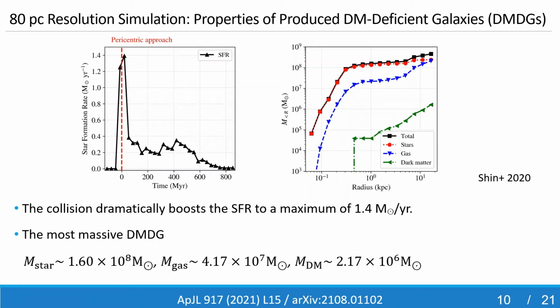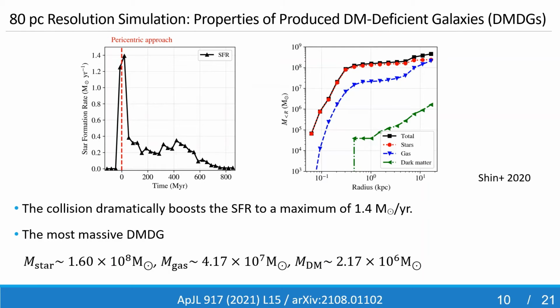We found that the collision dramatically boosts the star formation rate when two galaxies approach, which is marked as the red dashed line. It peaks at about 1.4 solar mass per year.